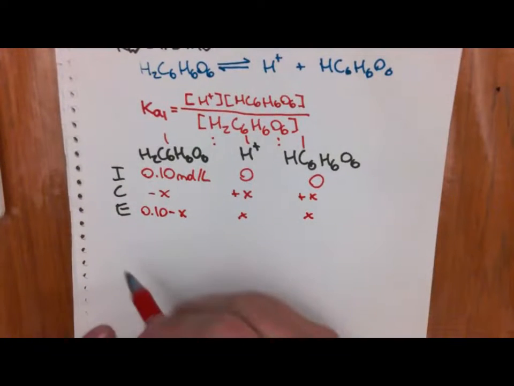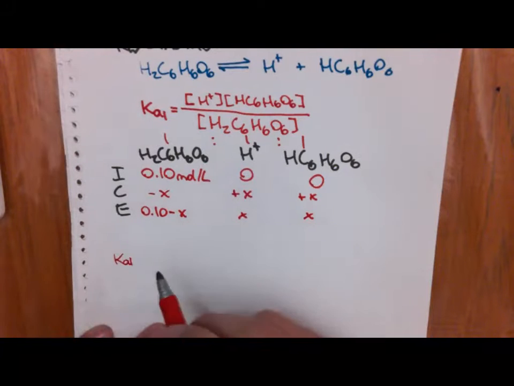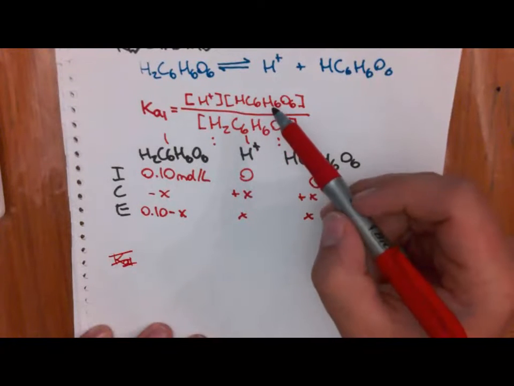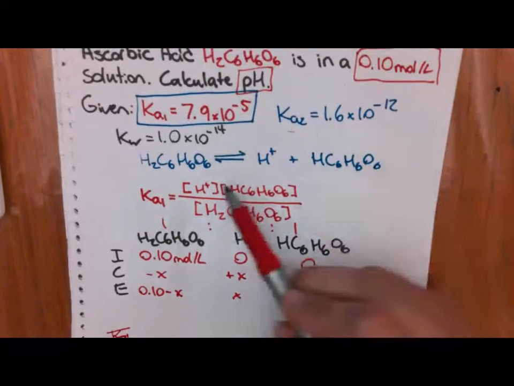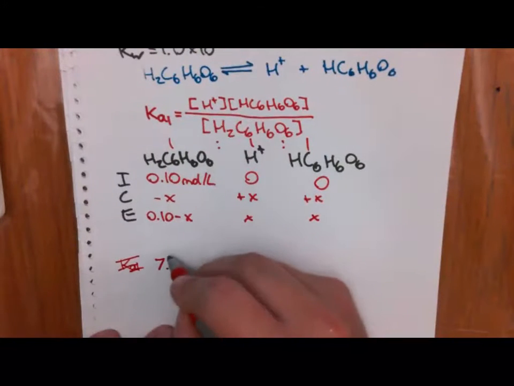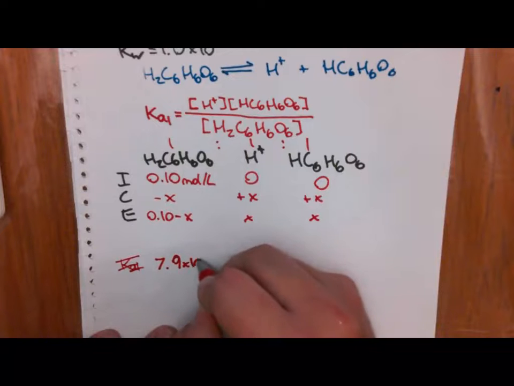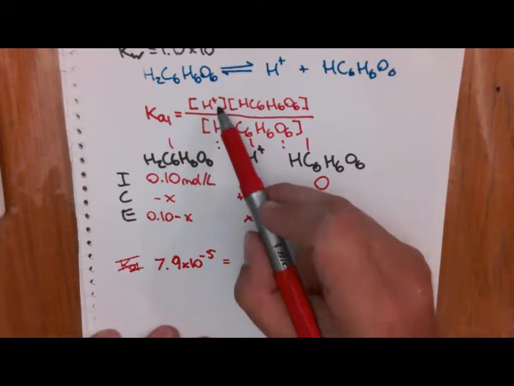So again, Ka1, actually, you know what? I'm just going to scrap rewriting that. It's just up here. So I'm going to take my Ka1 that was given to me at the start of the question right here. So I'm just going to write 7.9 times 10 to the negative 5. And that is going to equal the concentration of H plus ions.